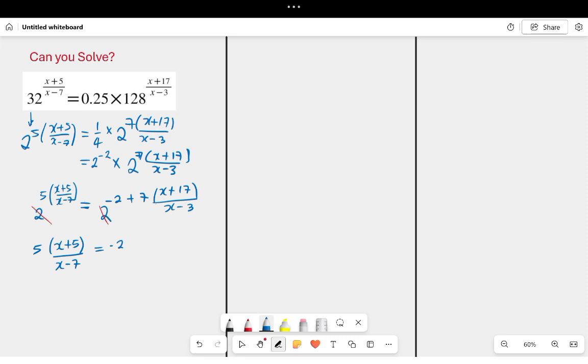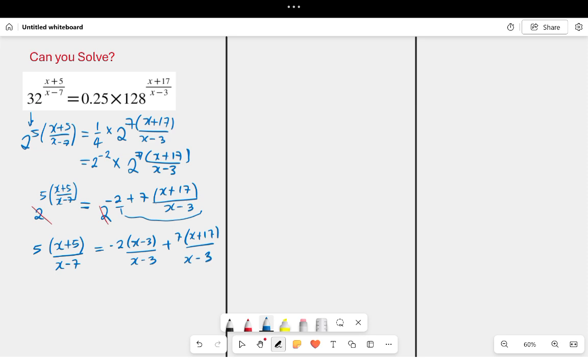Now, because negative 2 is just like negative 2 over 1, if we want to make the denominators the same for these two fractions that we are going to add, then we are going to multiply by x minus 3 divided by x minus 3, then plus 7 into brackets x plus 17 divided by x minus 3.